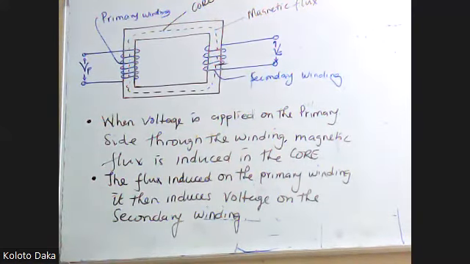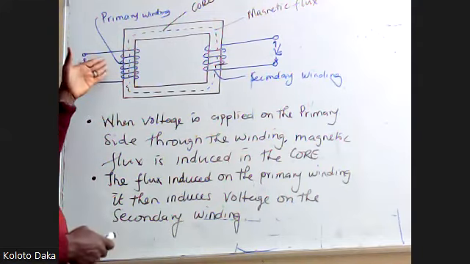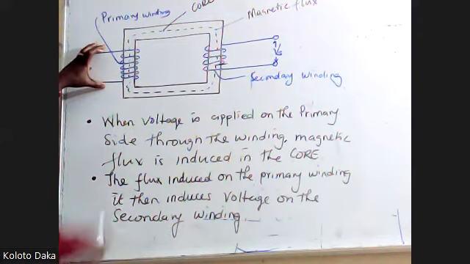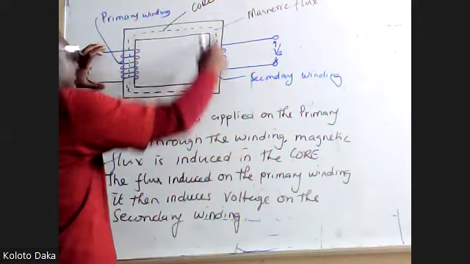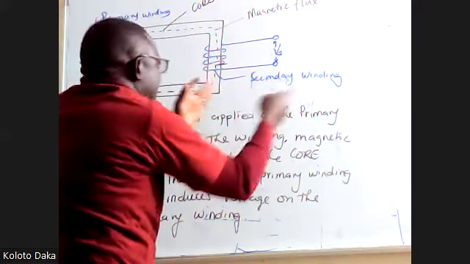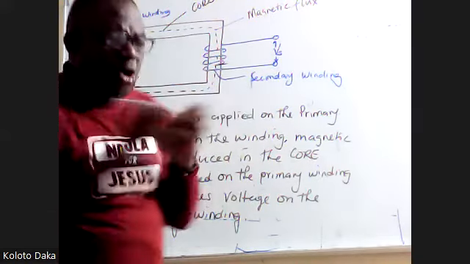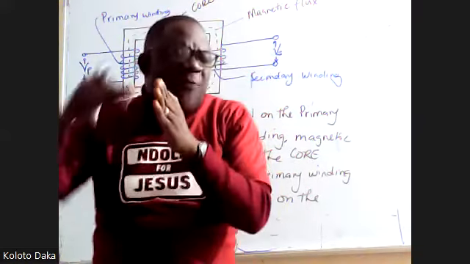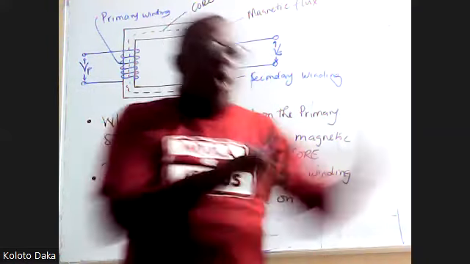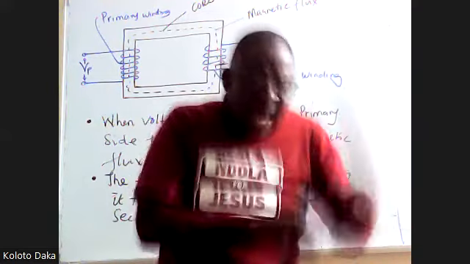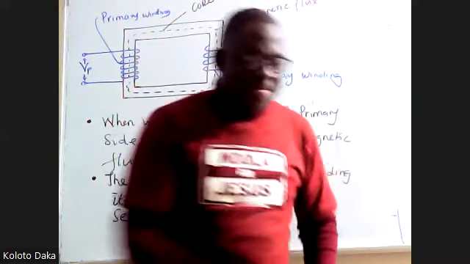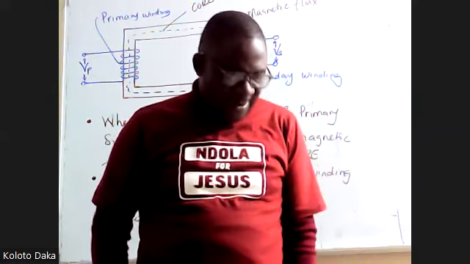So what is happening here, gentlemen? On the primary winding, you induce voltage. This voltage induces what? Flux. On the secondary, it is the flux that gives you voltage. So on the primary, you have voltage introducing flux. On the secondary, you have flux introducing voltage. Gentlemen, that marks the end of a transformer.